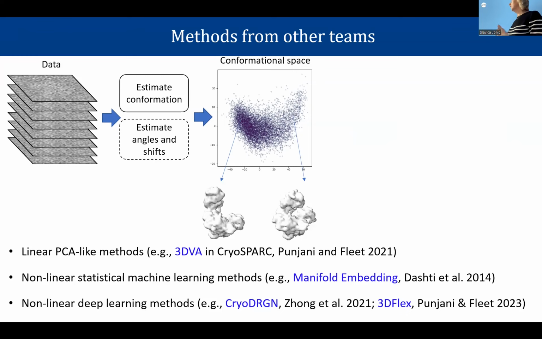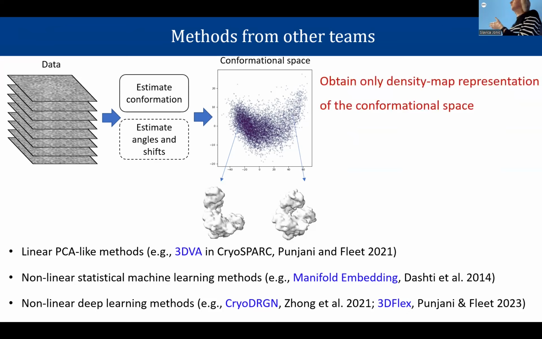And here we are speaking about conformational space, which means a low-dimensional conformational space in which different points are different images and close points are similar shapes. Then you can build 3D density maps from this space, or you can get them directly, like by deep learning, where you get predictions of these density maps. So they will all obtain only a density map representation of this conformational space.